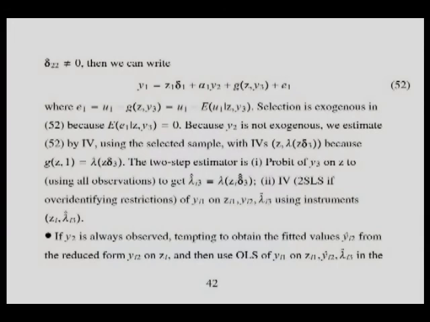So if this setup is true, then what we'd like to do is estimate this equation here. Now I've written this so that this holds in the population. Eventually, of course, we're going to see which people are selected into the sample and which people are not.